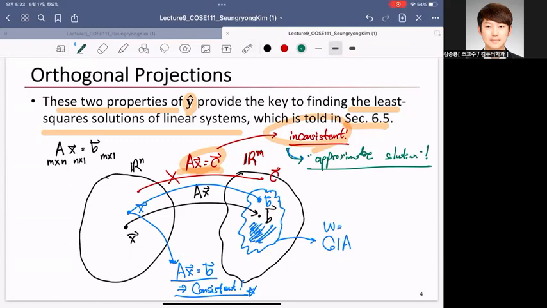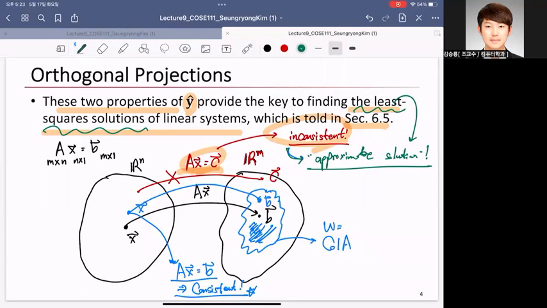Our objective is to find the approximate solution in this case. This is the least square solution of the linear system. The question is, what is the approximate solution of Ax equals c in the case that it does not have an exact solution? That's the point of the remaining part of this semester.